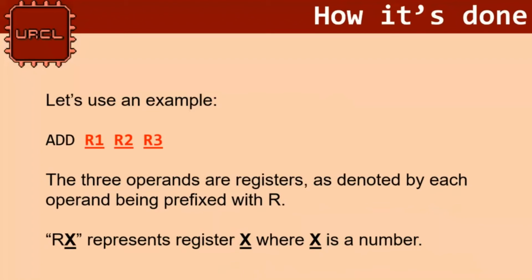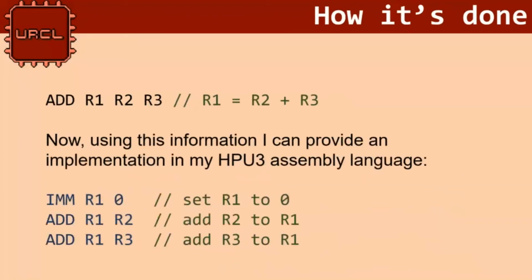Now, if we want to translate this to an assembly language, the best way to do it is to provide an implementation. So here's an example. I've shown a comment. So the function of add is to set the value of R1 to the sum of R2 and R3. Now, using my own assembly language from before, I can write a piece of code that's equivalent to this. Essentially, it emulates the instruction. But the thing is, this doesn't need to happen on strictly R1, R2, and R3.